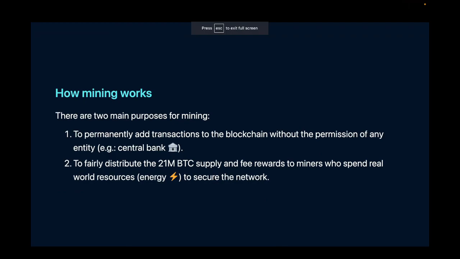And so how does mining work? On a very high level, there are two main purposes for mining. First is to permanently add transactions to the blockchain without the permission of any central authority, for example, a central bank. Bitcoin is a permissionless protocol, so you don't have to ask anybody for permission to transact.